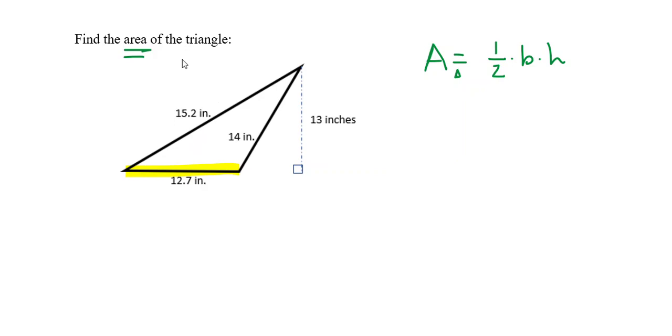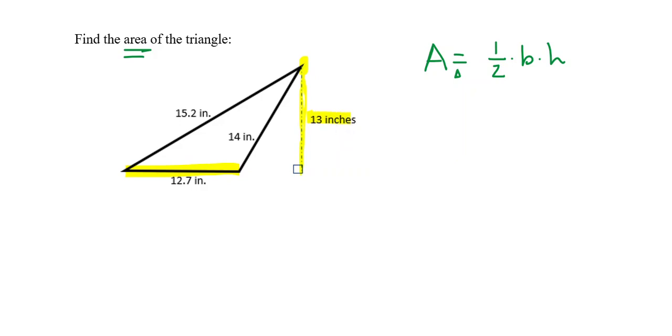And the way you tell which one to use is, generally speaking, the height. The height is the distance from the tip-top point of the triangle, if the base is on the ground, straight down to the ground. And you can see that we have that measurement right here. That's that 13 inches.